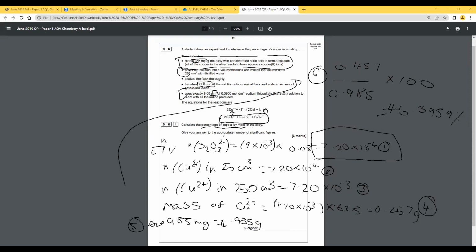But in the question it says, give your answer to an appropriate number of significant figures. Now, when we look back on this question, the lowest number of significant figures that we're given is 3. So 985, that's 3. 250 here is 3. 25.0 here is 3. 9.00 is 3. So we're just going to give it to 3 significant figures, which should be 46.4.